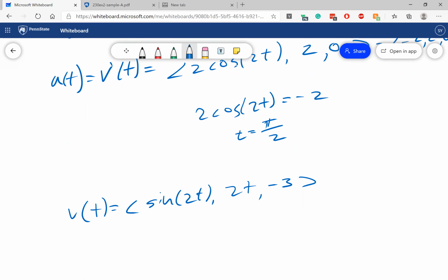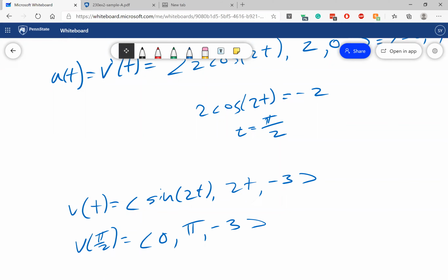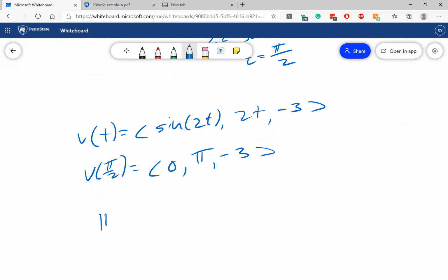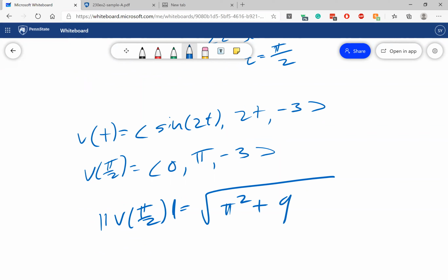So plugging in pi over 2, v of pi over 2 is going to be (0, pi, -3). So the magnitude of this is going to be the square root of pi squared plus 9. Any questions about this?